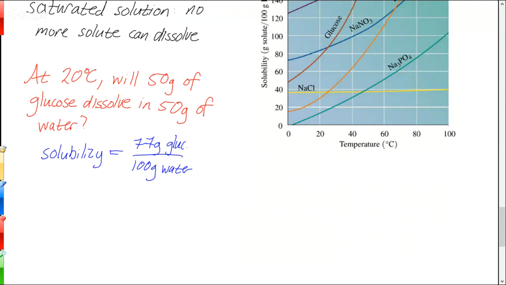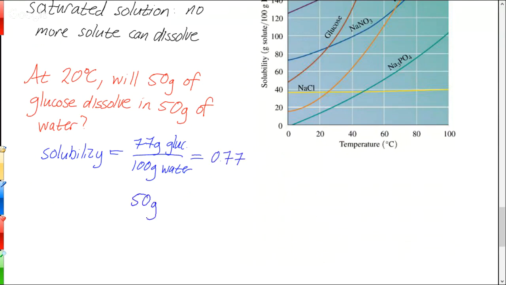So proportionally, we can figure out how much would work for 50 grams of water, right? Because 77 divided by 100 is 0.77.